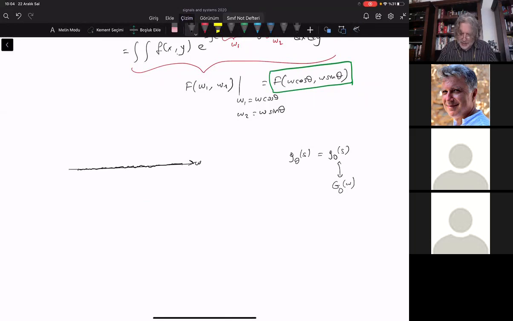And then I take another angle, and I say that omega is that direction. So it's, let's say, g1 of s, and I take its Fourier transform, which is capital G1 of omega, and then I paint it here. And at another angle, I paint it here. These are all complex valued Fourier transforms that I'm painting.